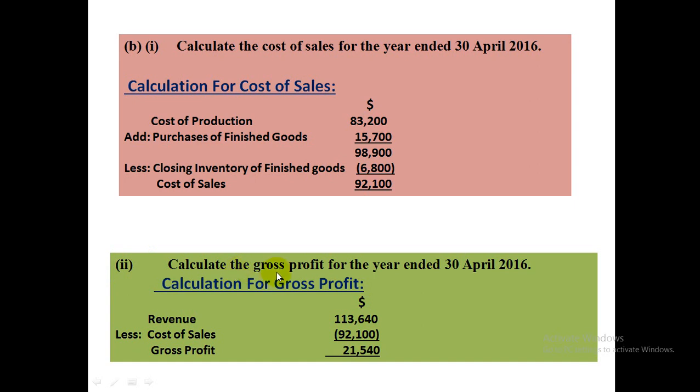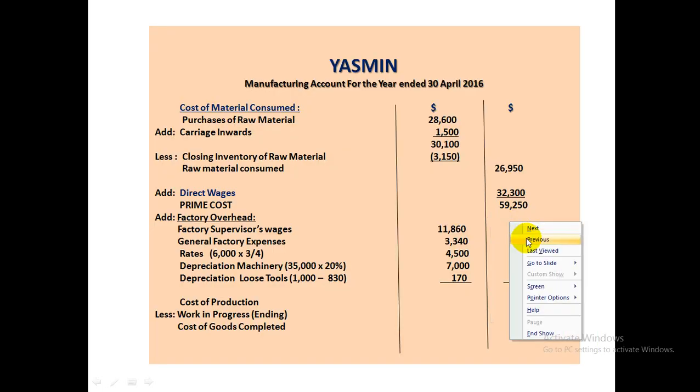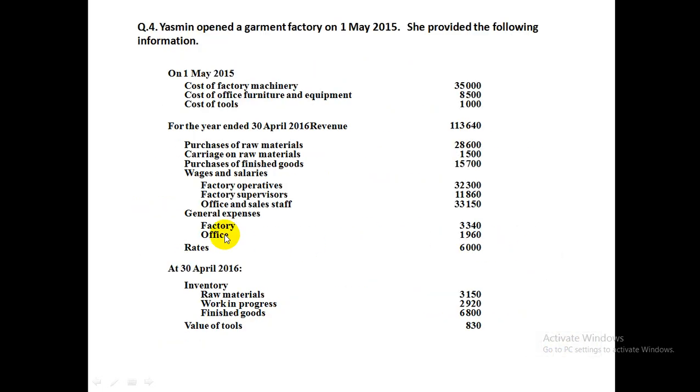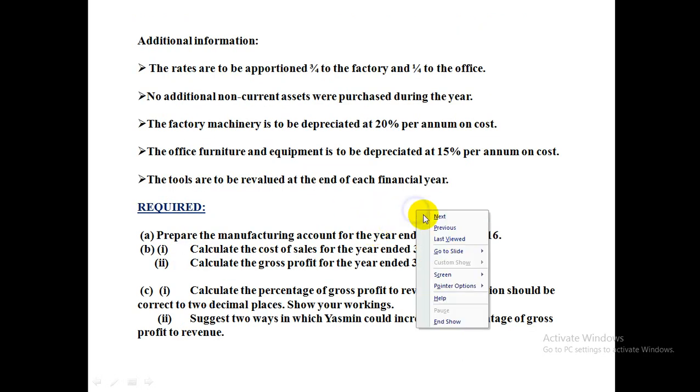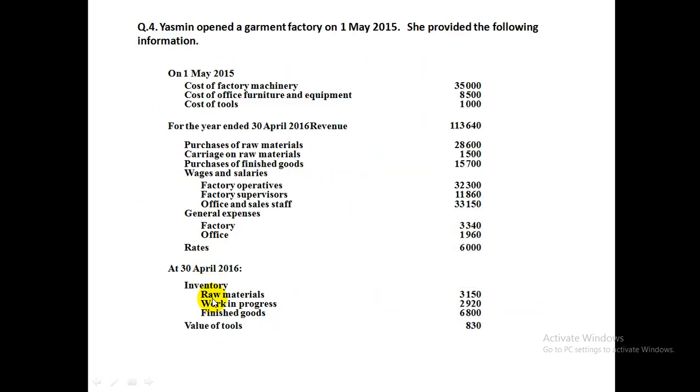Part 2. Calculate the gross profit for the year ended 30th April. We know that revenue minus cost of sales gives us gross profit. The revenue was given to us in the question, $113,640.